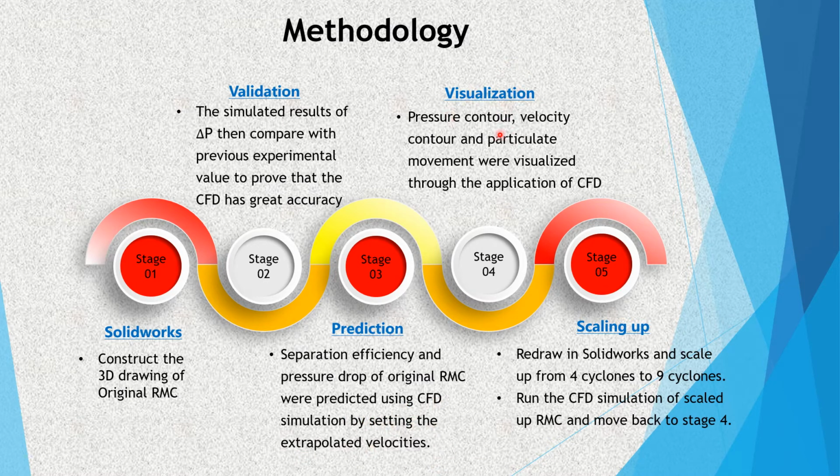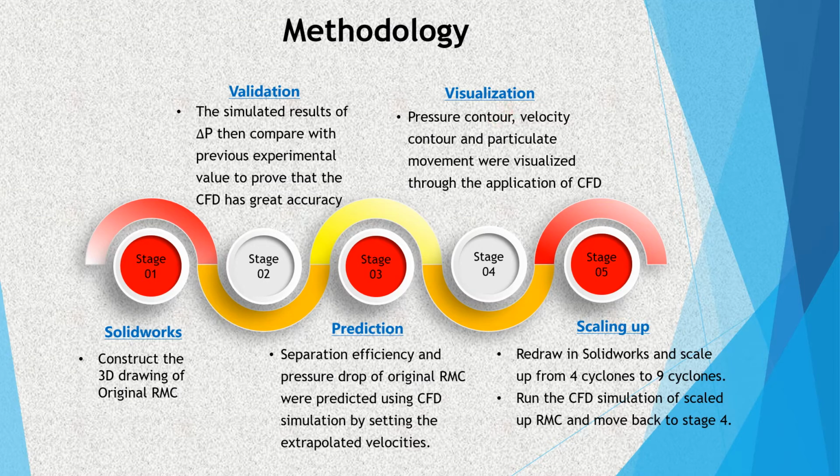In stage 4, pressure, velocity, and particulate movement were visualized through the application of CFD, while for the last stage, we draw in SolidWorks and scale up from 4 cyclones to 9 cyclones. After that, we run the CFD simulation of the scaled-up RMC and move back to stage 4, which is visualization of the results.